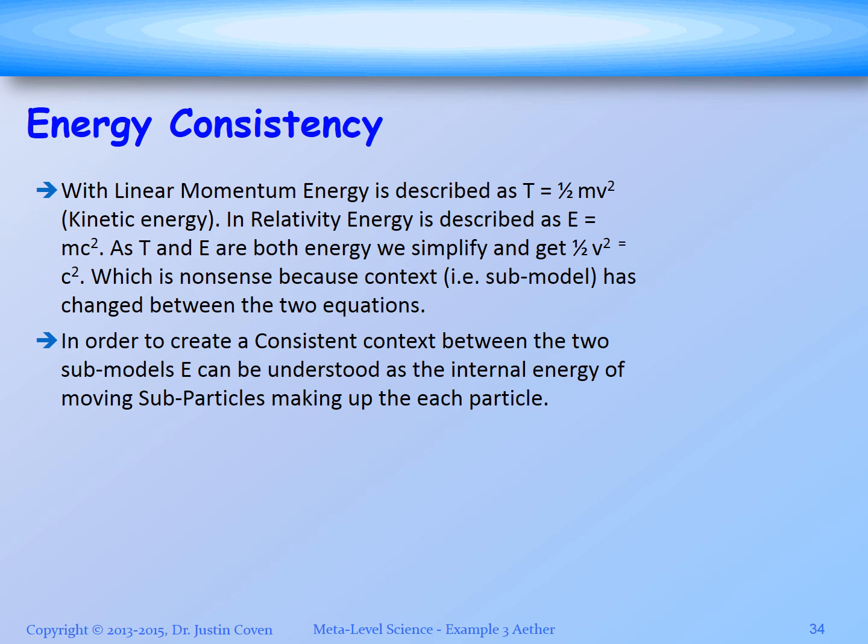In order to create a consistent context between the two submodels, energy can be understood as the internal energy of moving subparticles that make up the vortex of each particle.